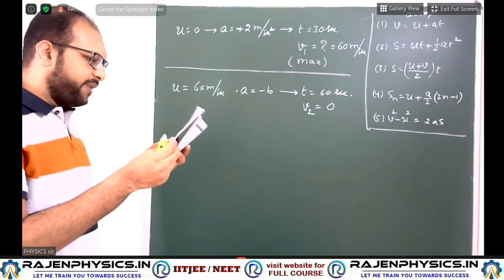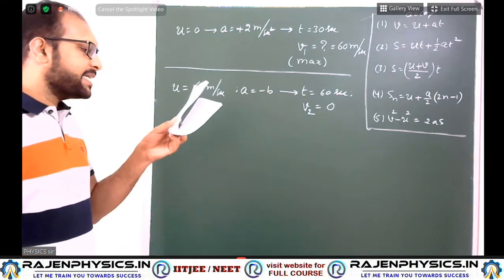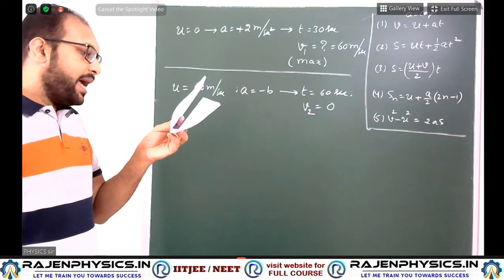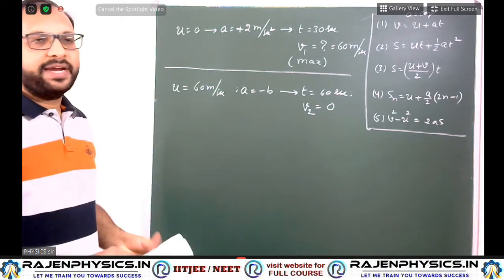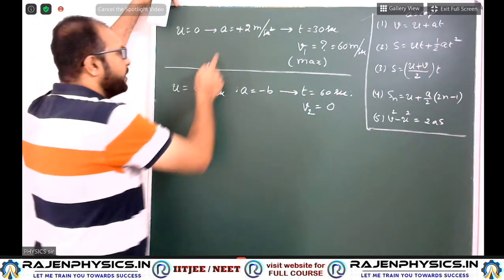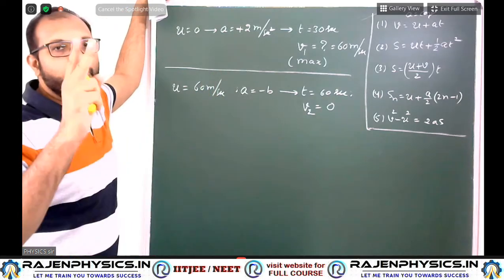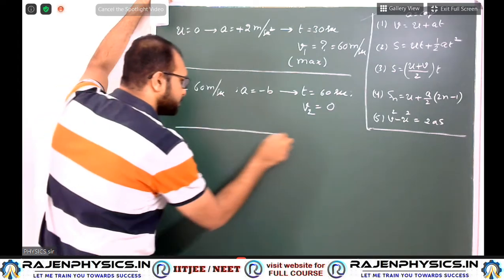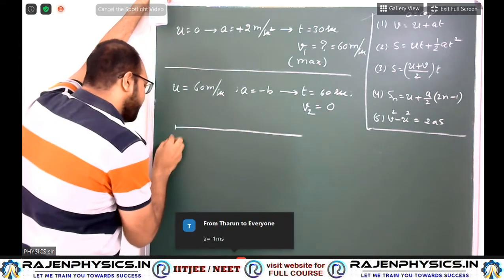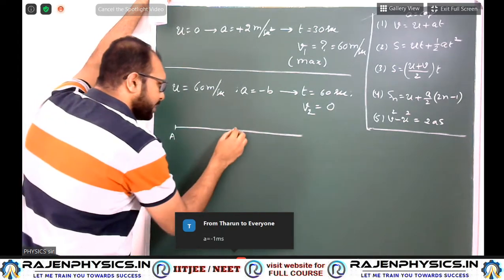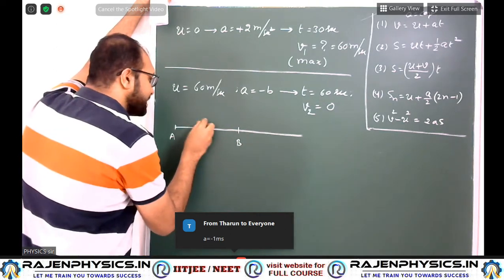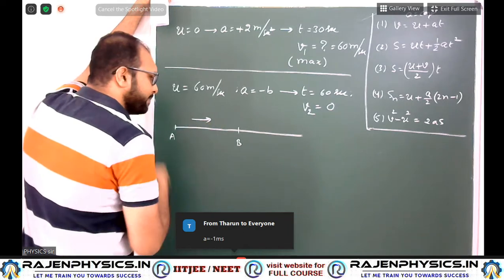Right. Now we need to find out the total distance moved by the train, maximum speed, and positions. Yes, right. Wait. Students, here the problem is divided into two parts. Part 1. This is point A. It is point B. This is acceleration this side.